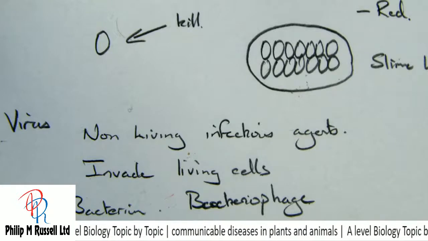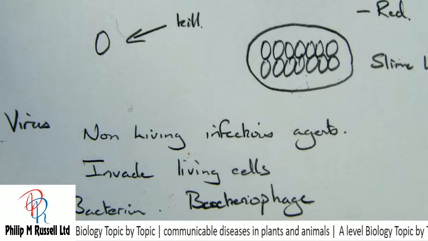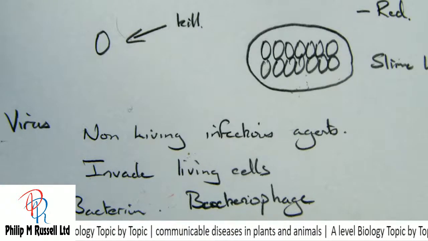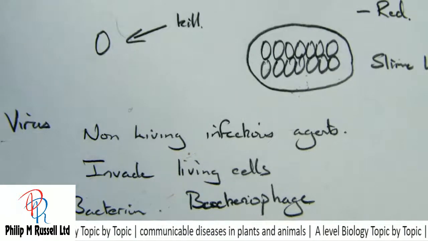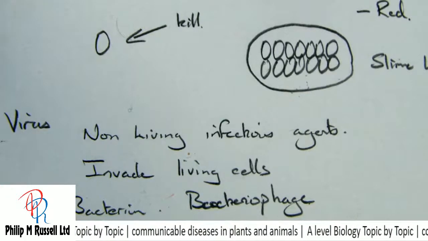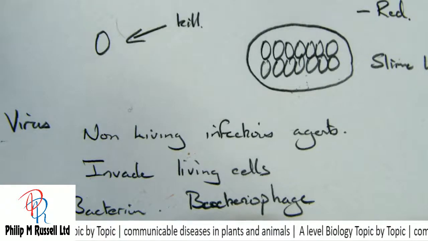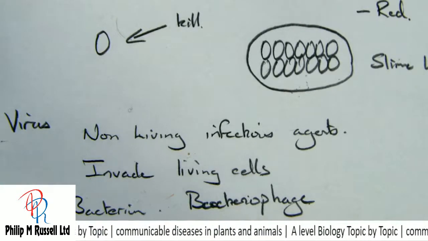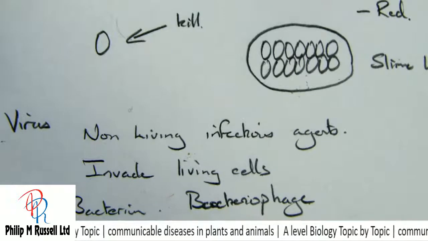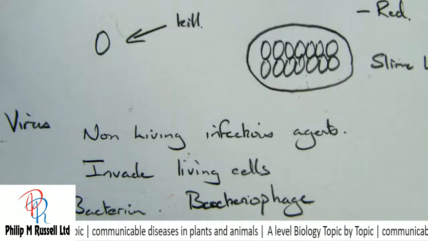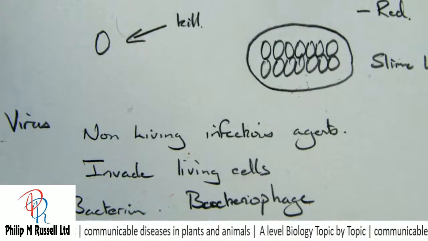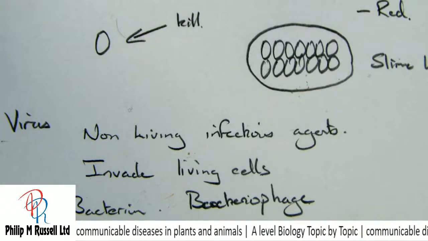Now, it is possible to start using these to attack, I suppose, the bacteria. So we think of these viruses as the ultimate parasite, and very difficult they are to try and destroy.